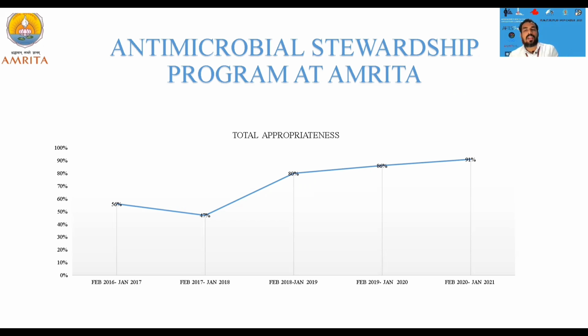And in 2018, 2019, the appropriateness of prescriptions in our institute increased to 80%, and thereon there's a steady increase in the appropriateness, and in 2021 we are seeing an appropriateness rate of up to 90%. Crossing the 90% was our goal when we started the antimicrobial stewardship program. So I have to say that we are happy that we crossed that 90% mark of appropriateness.